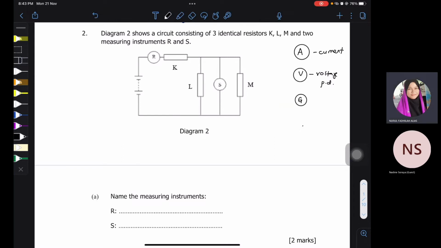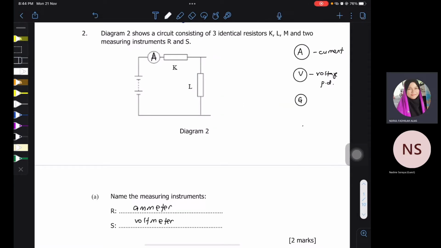Alright. So name the measuring instrument. Kita dah tulis lah. R tadi adalah an ammeter. And S must be voltmeter. Why? When you do exercise ataupun past year questions, ammeter must always be placed in series to circuits. Jadi kat sini nampak tak dia in series? In series maksudnya kalau katalah ini semua tak ada, bayangkan semua ni tak ada, nampak tak dia in series?